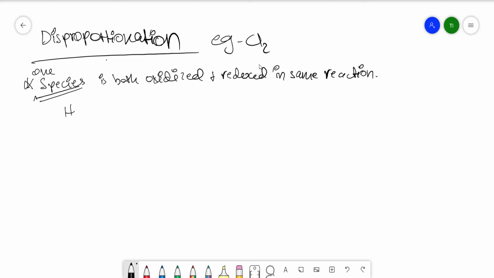So let's take an example, HBr plus H2SO4, which gives, as we just did, Br2 plus H2O plus SO2.